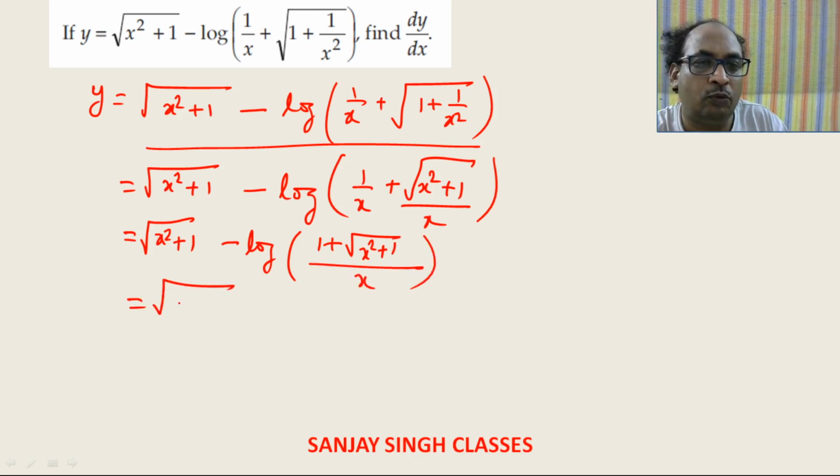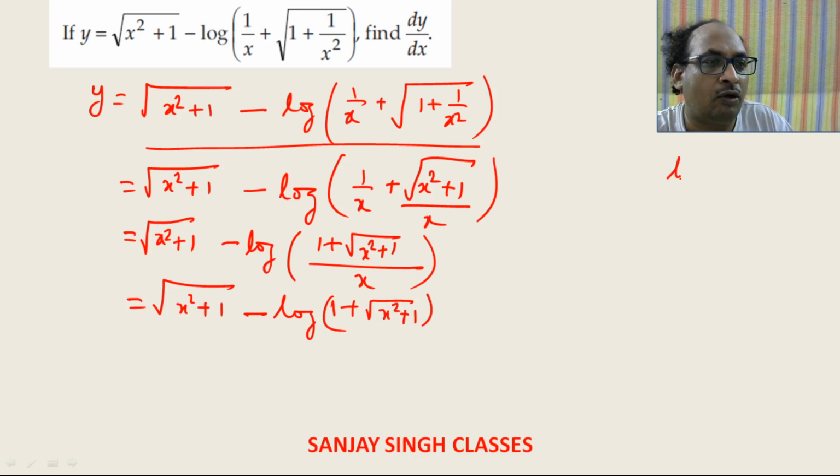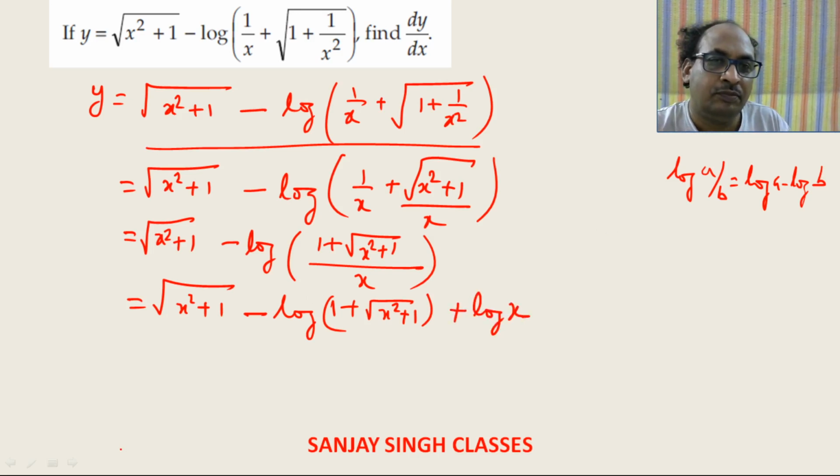This one will become root x square plus 1 minus log 1 plus whole root x square plus 1, and this is minus log a by b. So we already know log a by b is equal to log a minus log b. Yes. So this minus will make it plus, so it will become log x plus log x. Now we can go for finding out dy by dx.